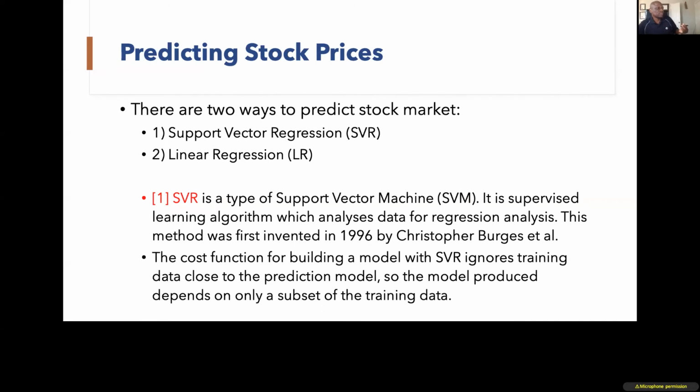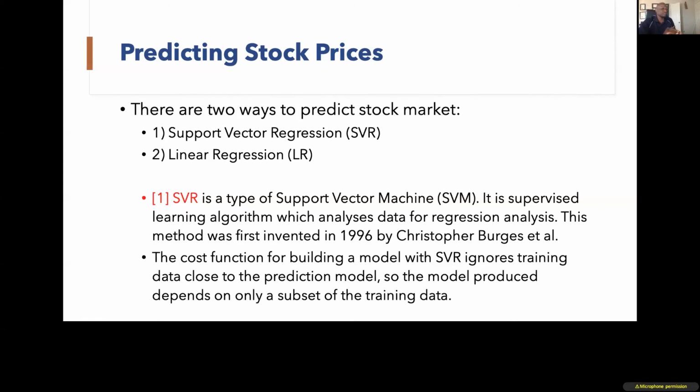There are two ways to predict the stock market: support vector regression and linear regression. SVR, support vector regression, is a supervised learning algorithm that analyzes data for regression analysis.